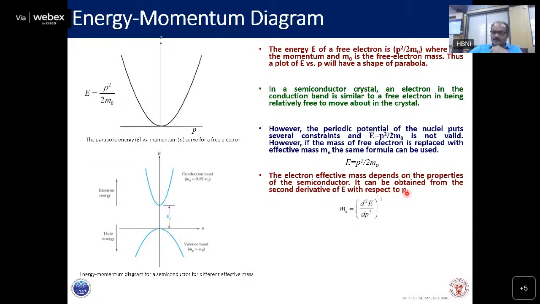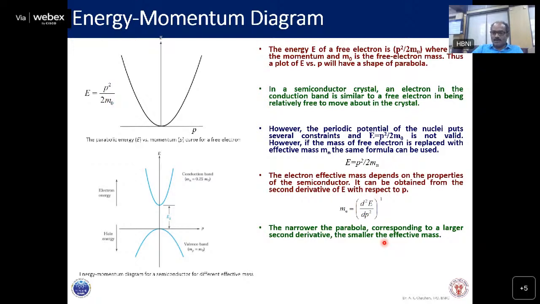The electron effective mass depends on the properties of the semiconductor. It can be obtained from the second derivative of E with respect to P. By solving this, we get d2E divided by dp square, and then taking the reciprocal of it.